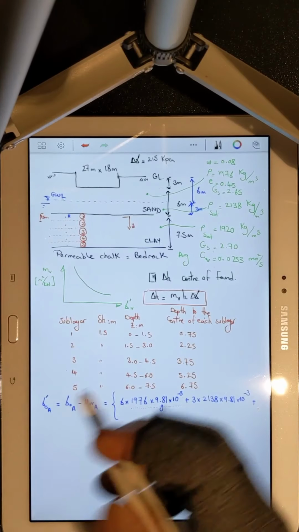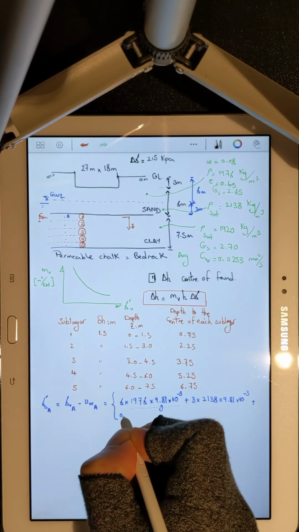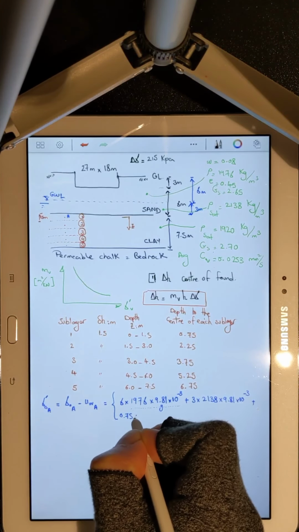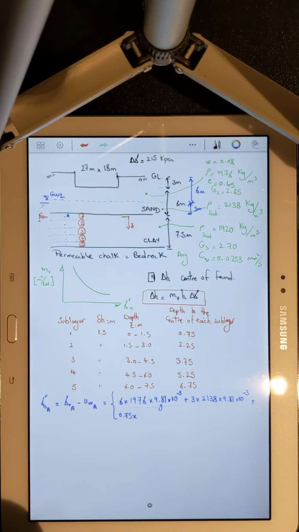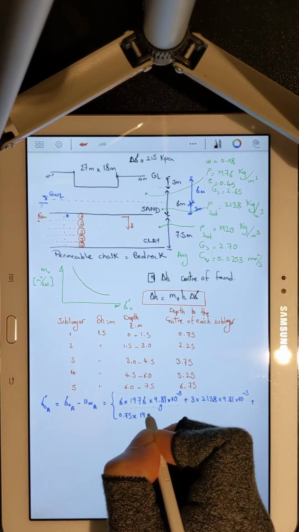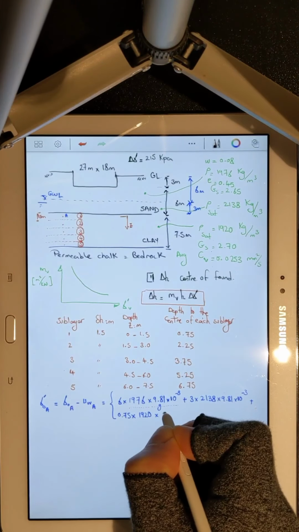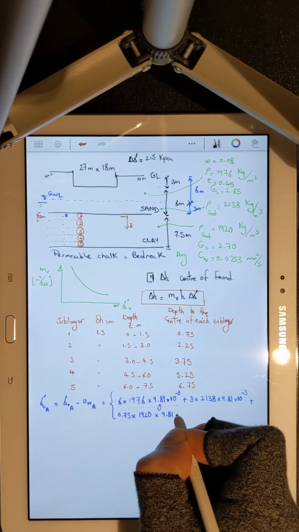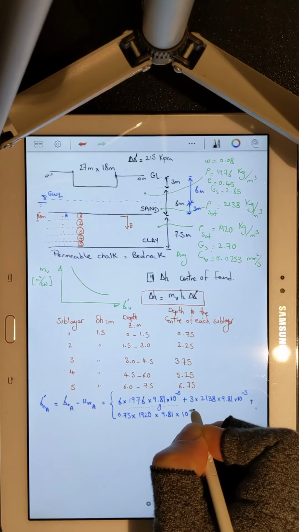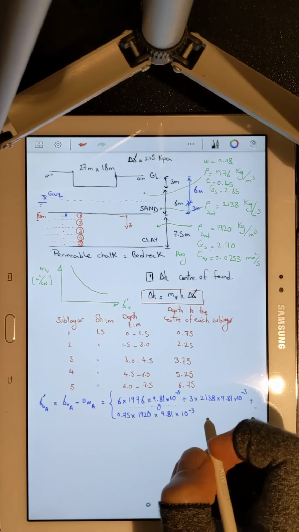Plus, going down into the clay layer, I have 0.75 meters of saturated clay with a saturated density of 1920 kilogram over meter cube, which needs to be multiplied by 9.81 g, gravity acceleration, and 10 to minus 3 to convert the units from kilogram over meter cube to kilonewton over meter cube.